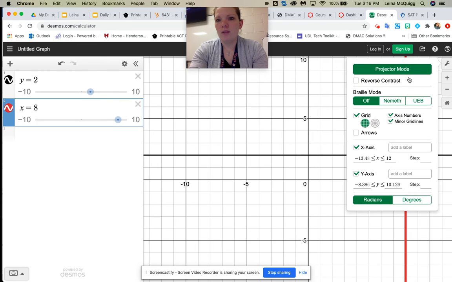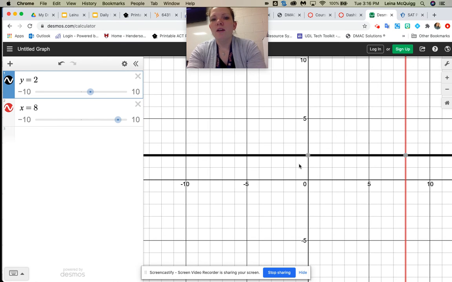Let me put these in projector mode so they're a little bit thicker. Okay, so the black line is my y equals, it's horizontal. The red line is my x equals, it's a vertical line, it's undefined slope. So this is what a zero slope line looks like. This is what an undefined slope line looks like. So are these 90 degrees?